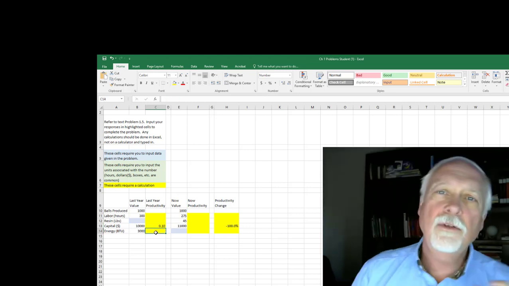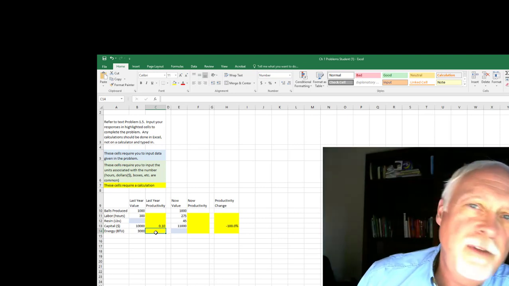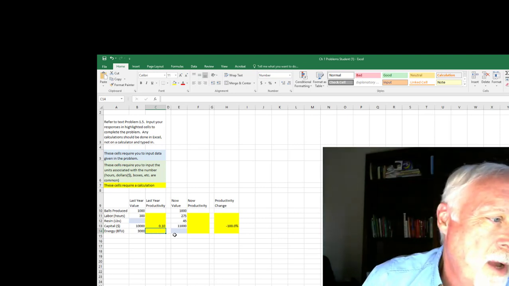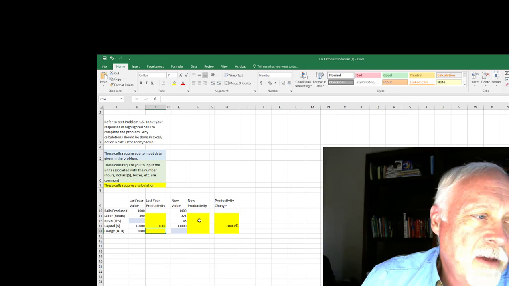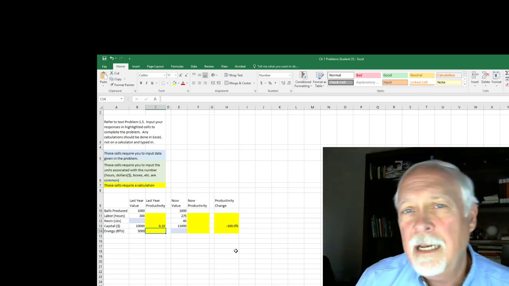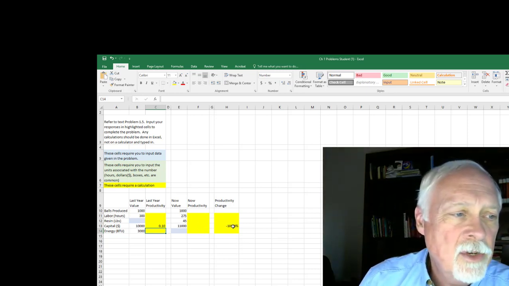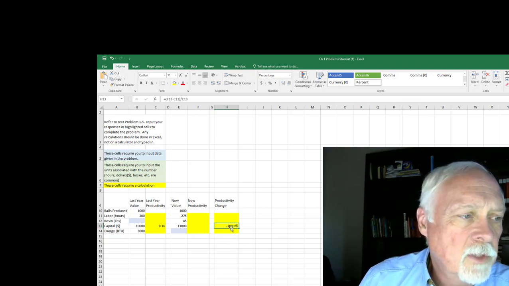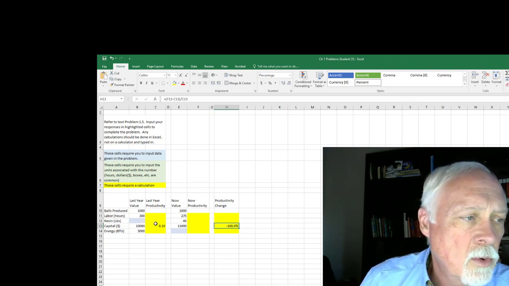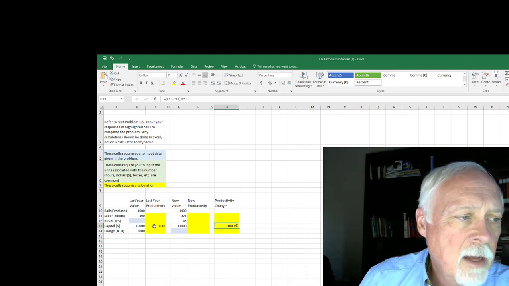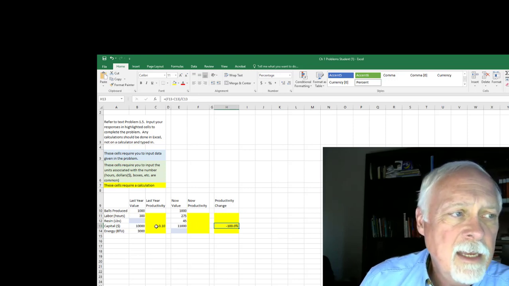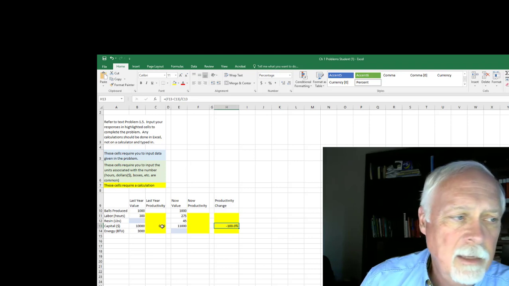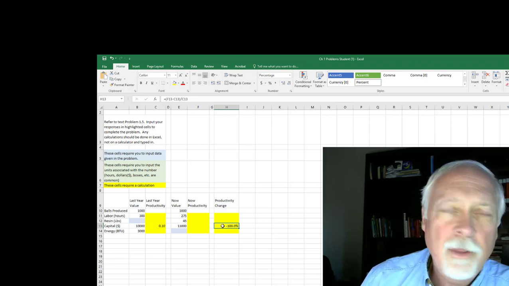You could sum all those up and have a combined productivity, but I didn't require that in this problem. And then you have a new productivity. Then in each case you'll have a productivity change, which will be the new productivity minus old productivity divided by old productivity. And you see that example there.